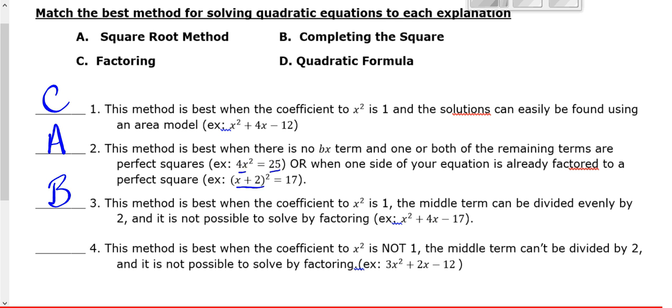And number four, this method is best when the coefficient to x squared is not 1, the middle term can't be divided by 2, and it is not possible to solve by factoring. So when my quadratic equation is a little bit more complicated, like 3x squared plus 2x minus 12, I might use my quadratic formula.